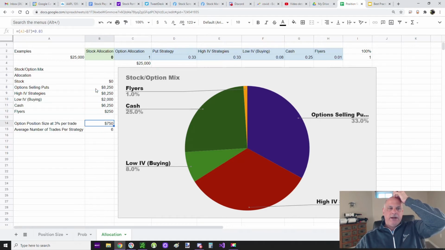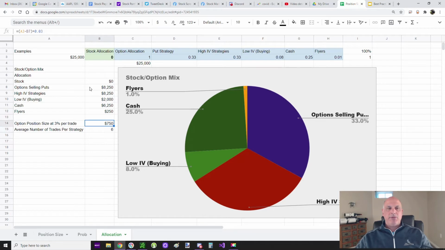And then this tells you that our option position size at 3% of our trade is going to be about $750. And this tells us on average that we're going to have about 6 trades on any given strategy. So what this calculation does is it takes the average of the selling put strategy, high IV and low IV, and it rounds up an average.